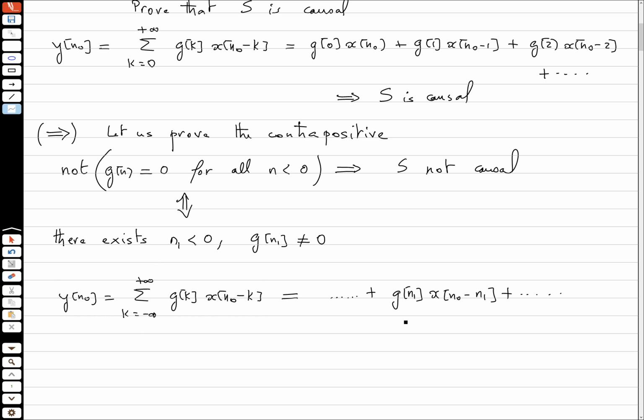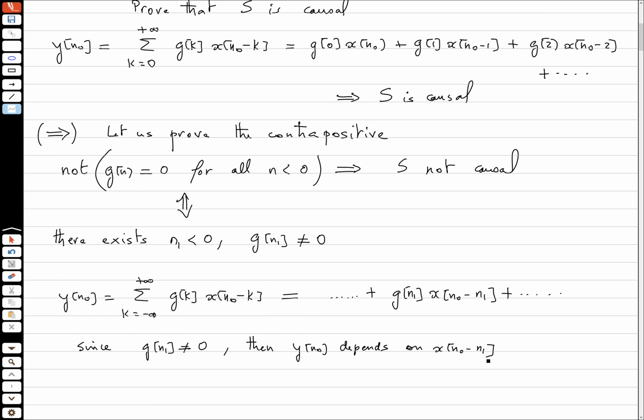So since g of n1 is not zero by assumption, then y of n naught depends on x of n naught minus n1.